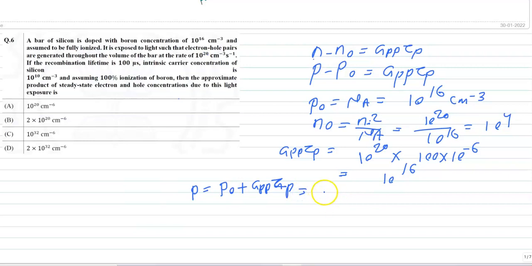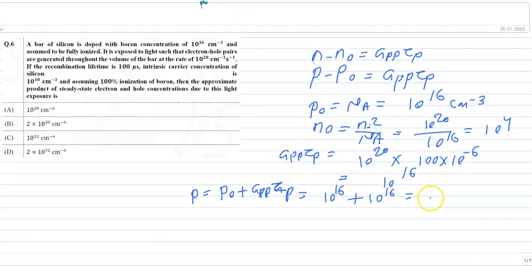Your p naught is equal to 10 to the power 16, plus G_P tau_p, which is 10 to the power 16, so you will have 2 into 10 to the power 16.